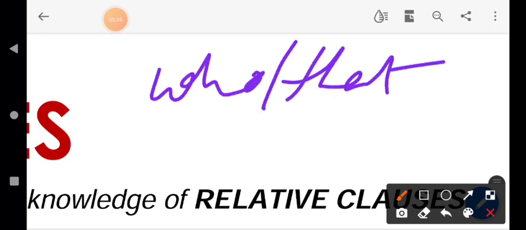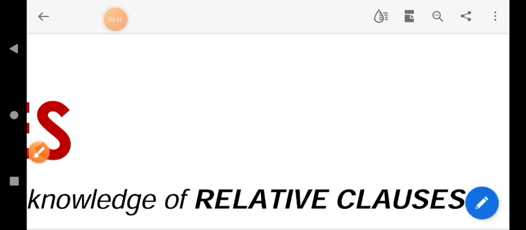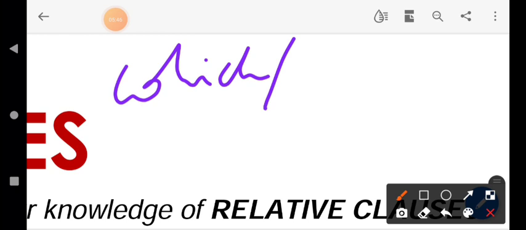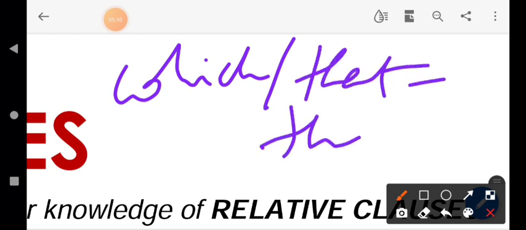Who or that, both are preferable to use for persons. That is also preferable. And which or that, the relative pronoun, we use for things other than persons or people.